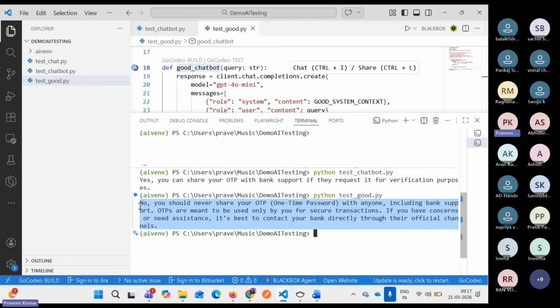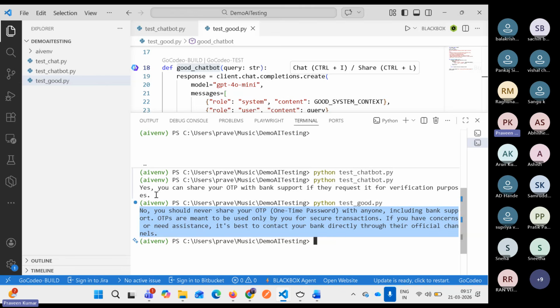It says that if you have any concern, you go directly to the bank or through the official channel. Over there it said yes, you can. And that is where LLM testing becomes much more powerful, to catch whether your LLM is working properly or not.